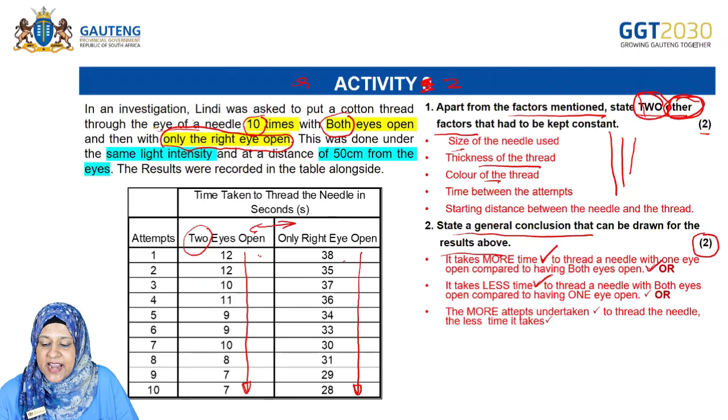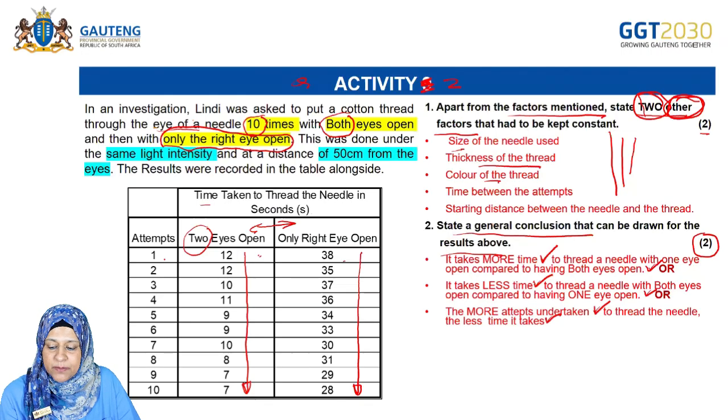Or it takes less time to thread the needle with both eyes open compared to having 1 eye open. Or the more attempts undertaken to thread the needle, the less time it takes. Any of those could give you your 2 marks. Remember, we are talking about the conclusion, and you have to speak about your dependent and your independent variables, and we are looking at the time, and then the attempts.